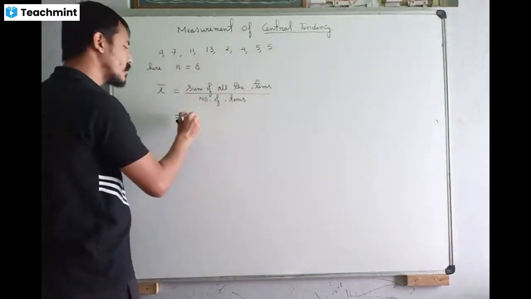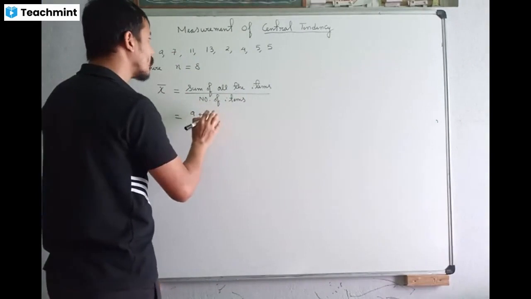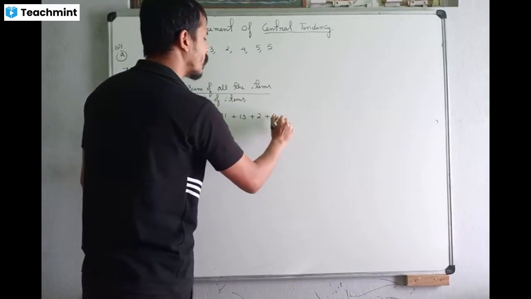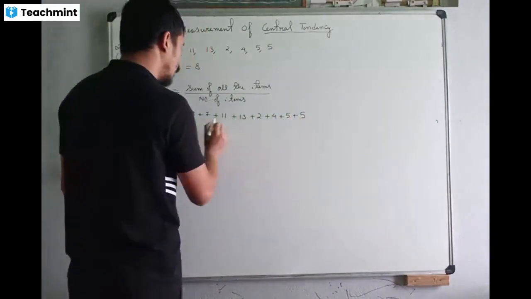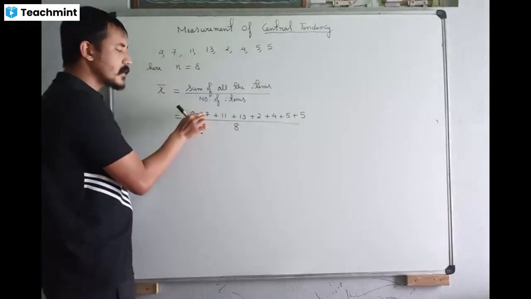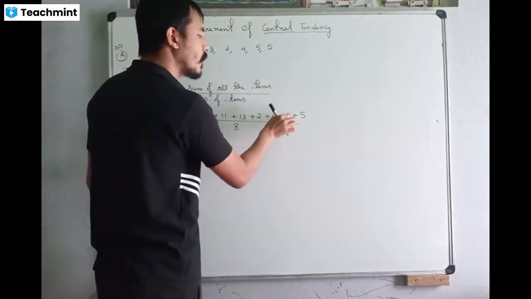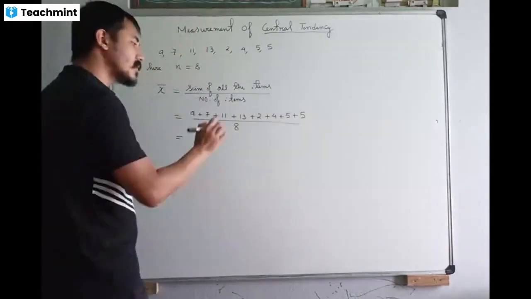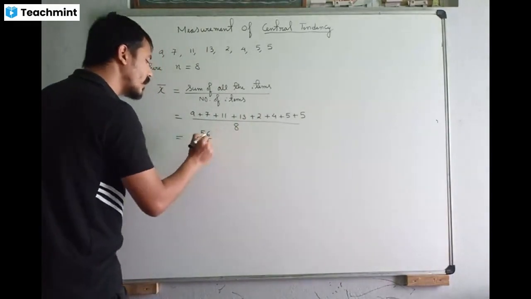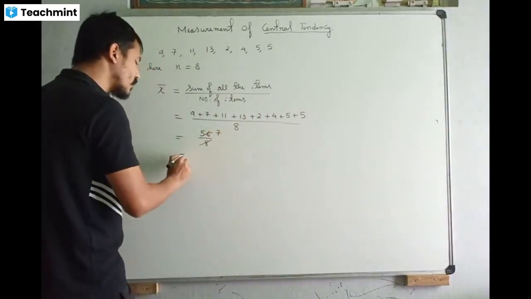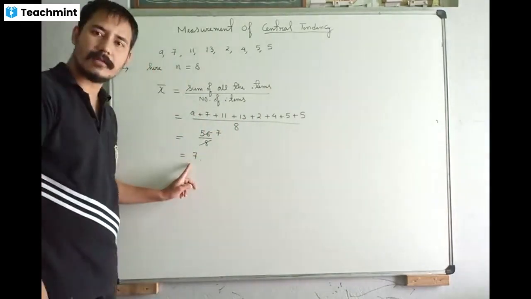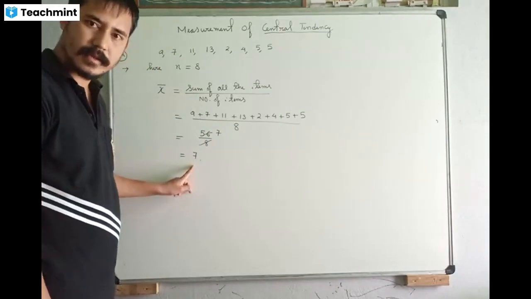Sum of all the items: 9 plus 7 plus 11 plus 13 plus 2 plus 4 plus 5 plus 5, divided by 8 items. If you add these items, it will give you a total of 56. Then we divide it by 8. 8 sevens are 56. So the arithmetic mean of this given series is 7. Are you following that?